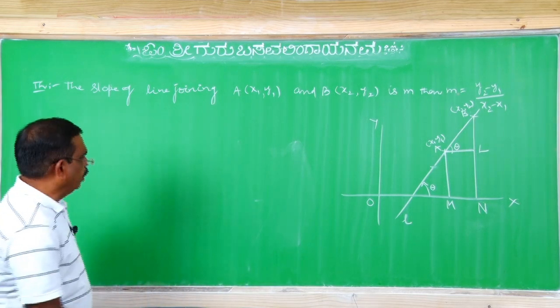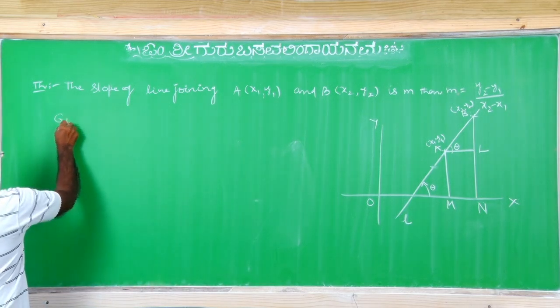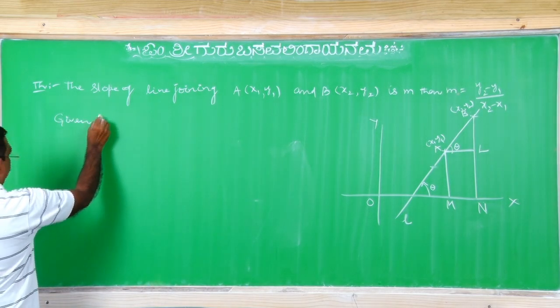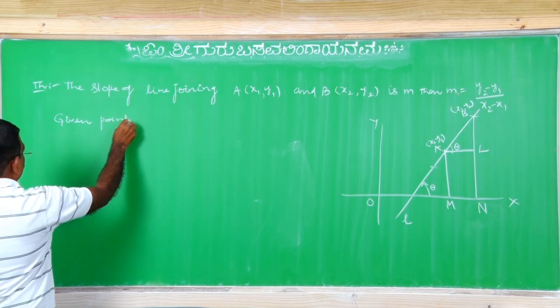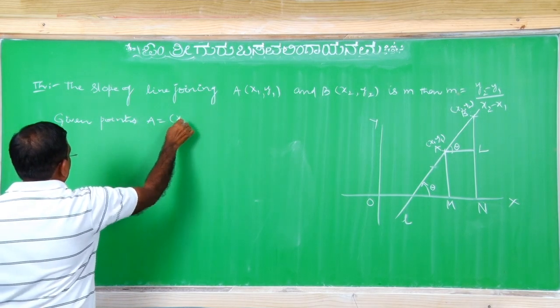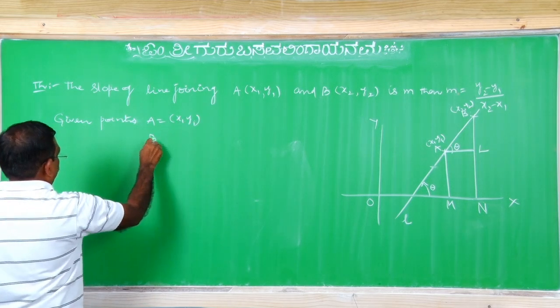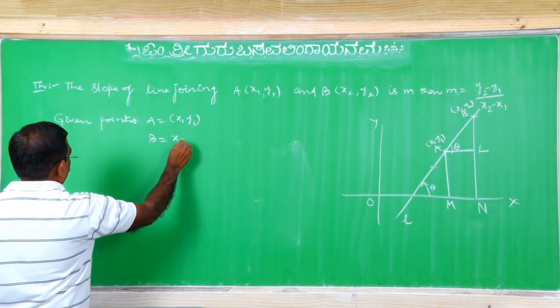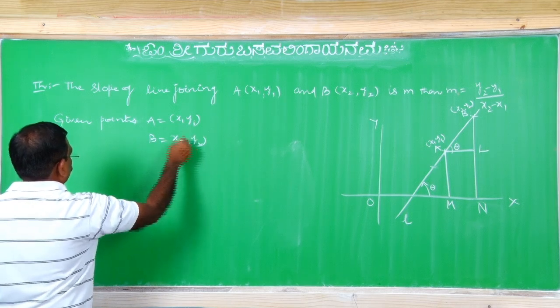Here we can write the given points. This is the story. Everyone can write the given points. What? Tell me. A, x1 comma y1, B, x2 comma y2.